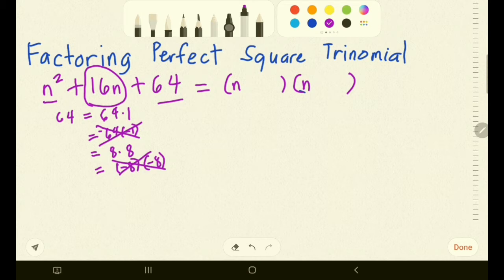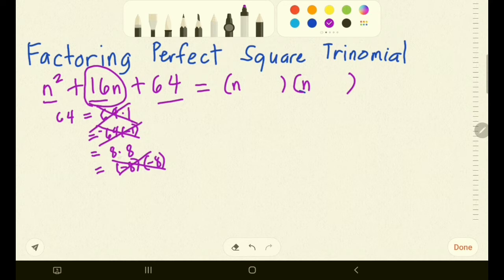You can list all of them and try. Here 64 and 1, when you add them, just the tip I introduced last time, is equal to 65. But notice that the numerical coefficient of the middle term is 16.